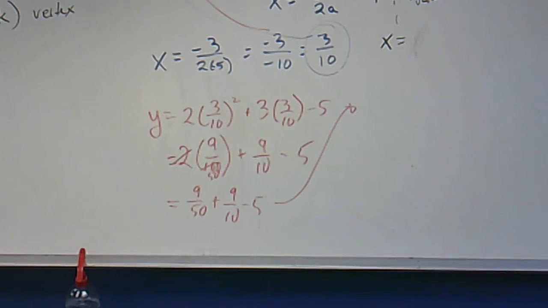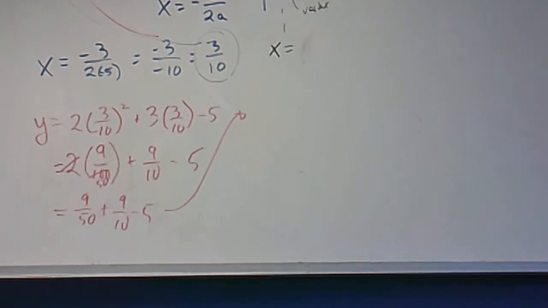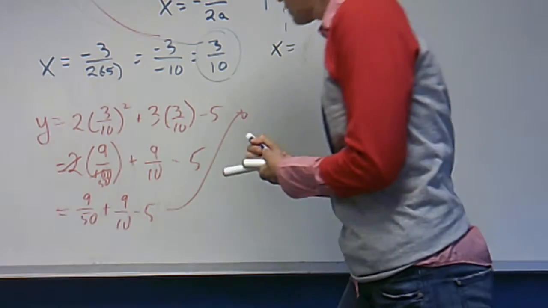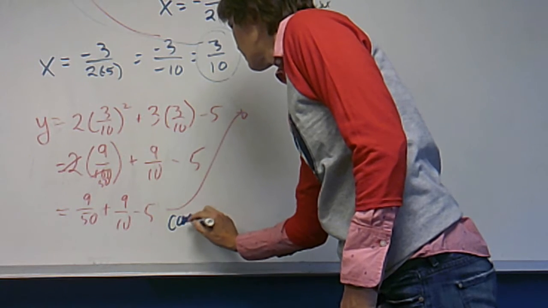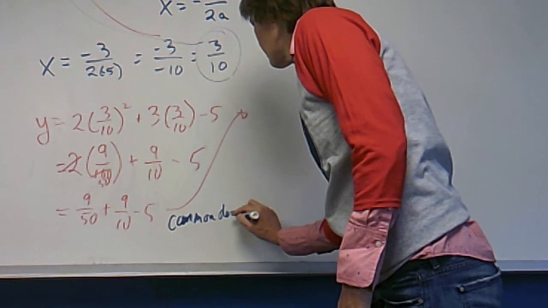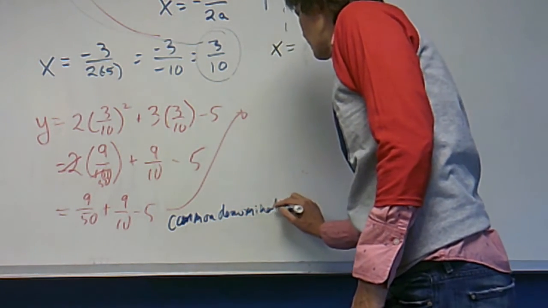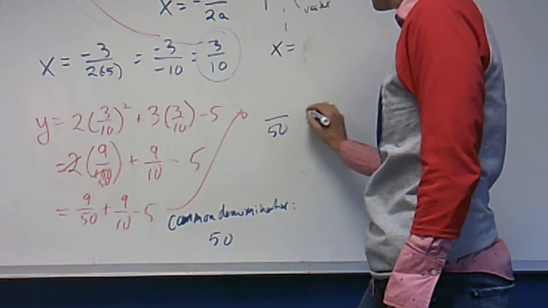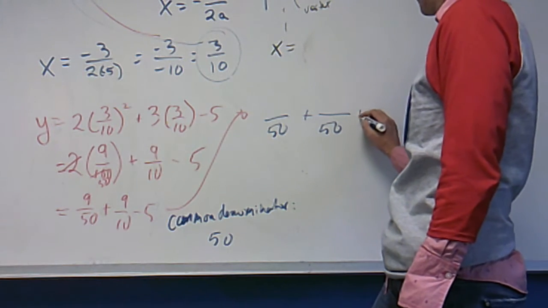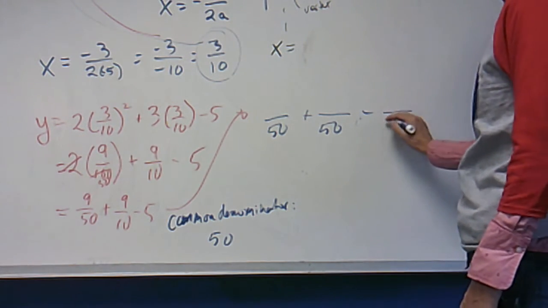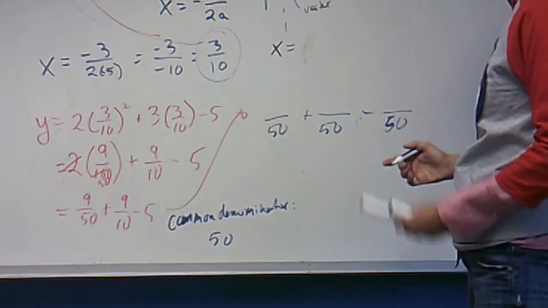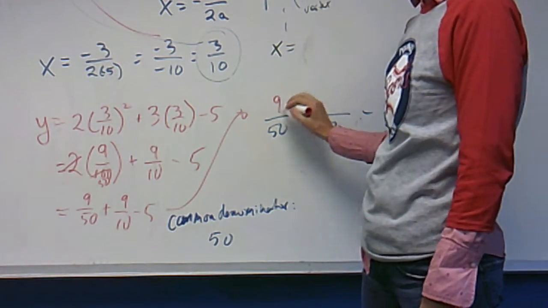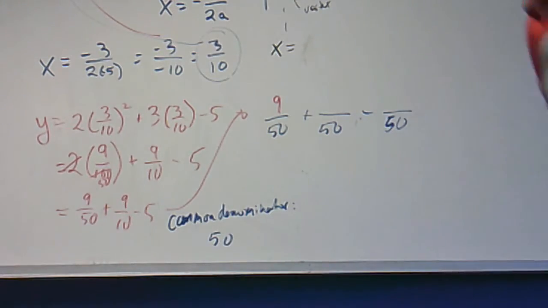Yes, you can use a calculator to find this too, but you've got to prove to me that you know it first. Our common denominator is going to be 50. Plus 50 minus something 50, right? So we have 9, that already was that way. Can we see this? Yeah.